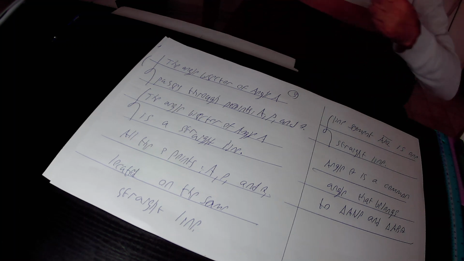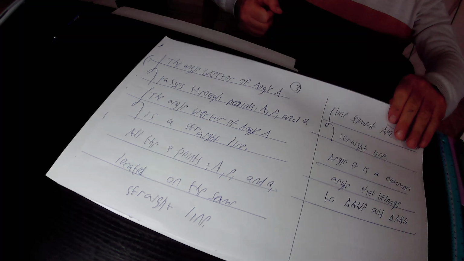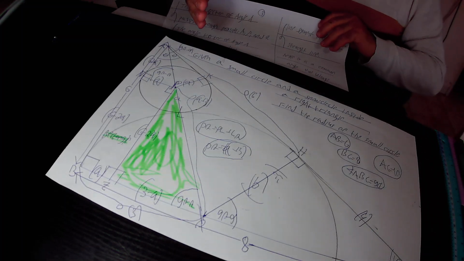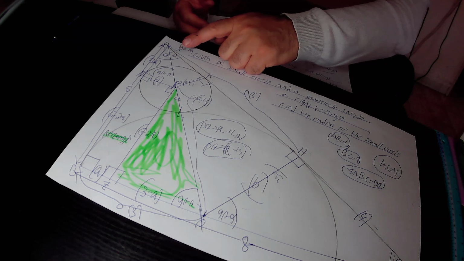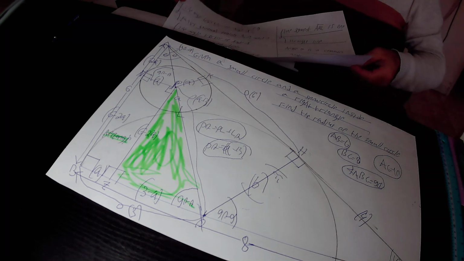And we know that the angle bisector of an angle is a straight line, and especially the angle bisector of this angle A is also a straight line.